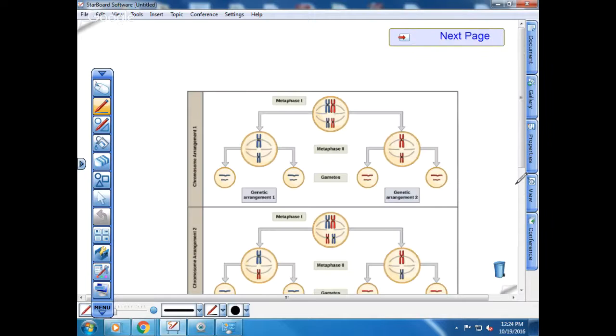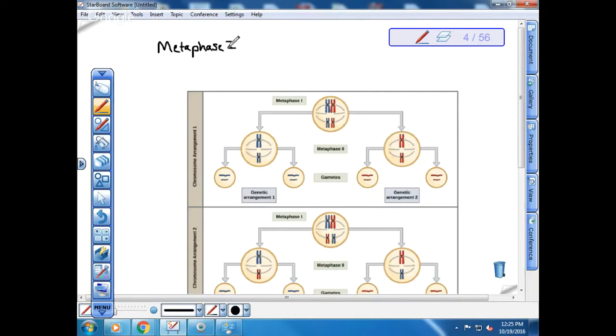Okay, so when we look at the different stages of meiosis, one of the things that differs between mitosis and meiosis is what is referred to as metaphase 1. So we looked at prophase 1. Metaphase 1 is also very different. Whenever you see a 1 behind something, then you know that it's referring to meiosis, not mitosis, because there's only one cell division in mitosis.